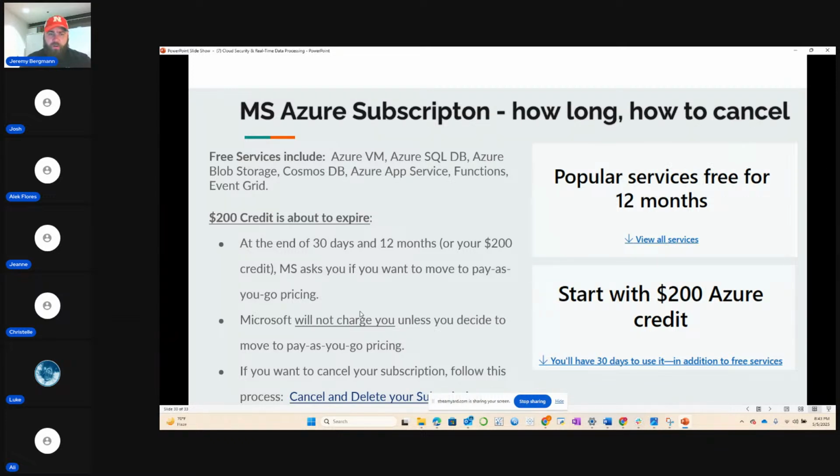But if you want to keep it around and turn it down to the lowest resources, it probably only costs you a few dollars a month. Hate to say it, it costs more, but you could look at it and manage it and play around with it a little more. I've played around with it for maybe $10 a month if you turn everything to its lowest setting.